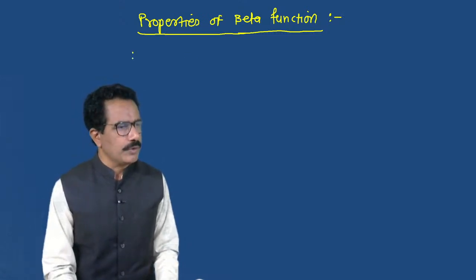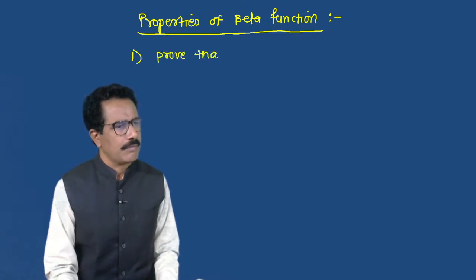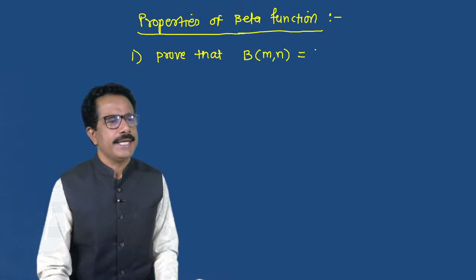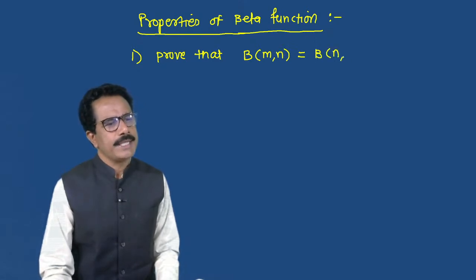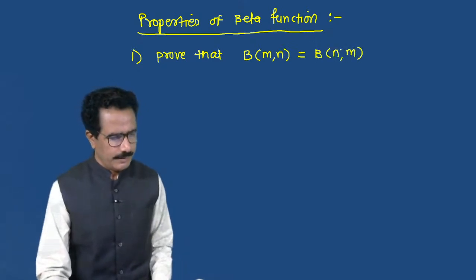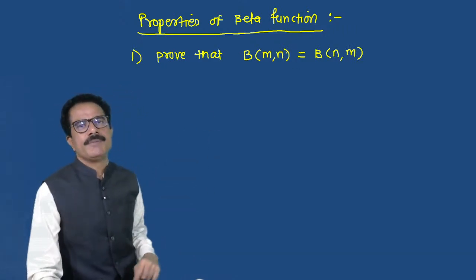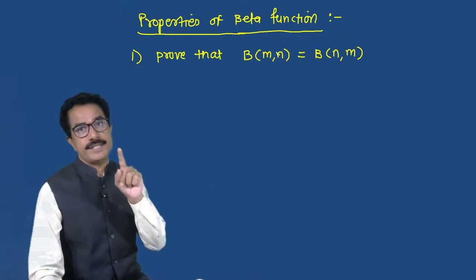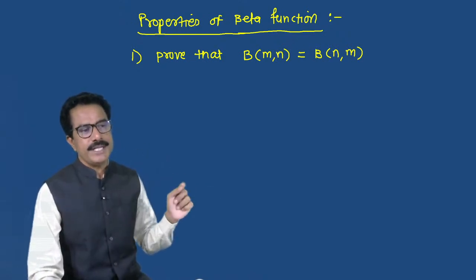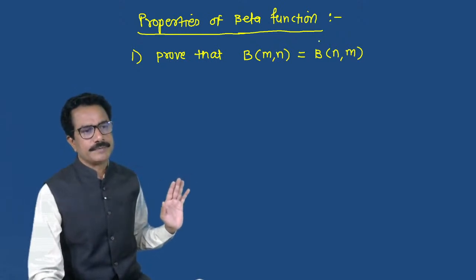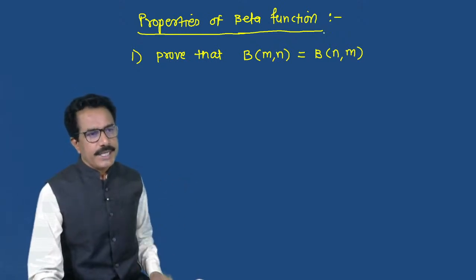See this, prove that beta m comma n can be written as beta n comma m. That means we can interchange m and n. See this, we can interchange m and n. There is no problem. We can interchange m and n.